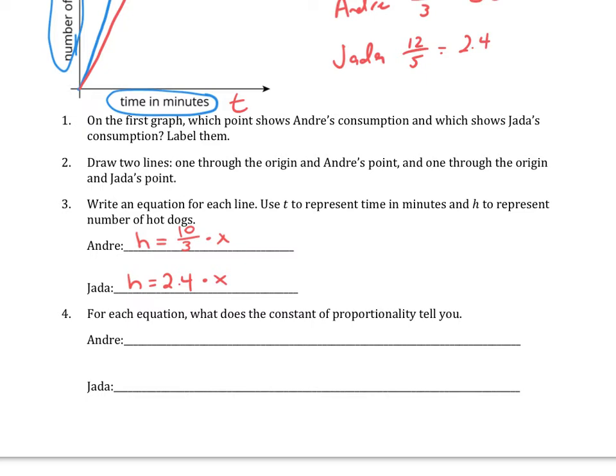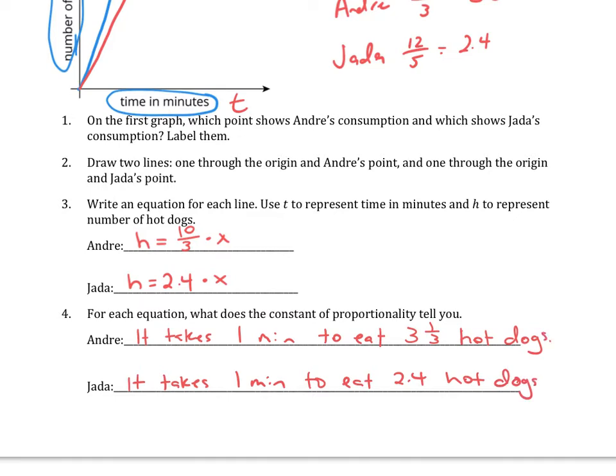So for Andre, it means it takes 1 minute to eat 3 1/3 hot dogs. For Jada, it means it takes 1 minute to eat 2.4 hot dogs.